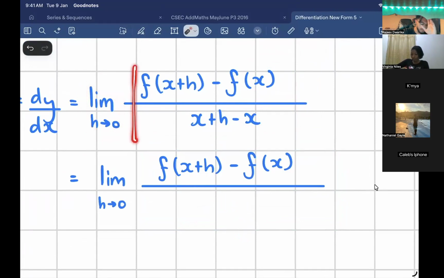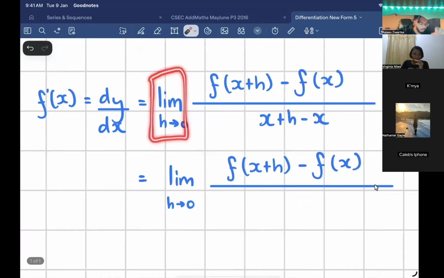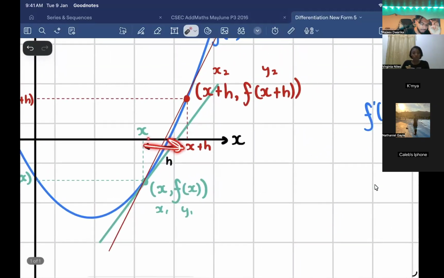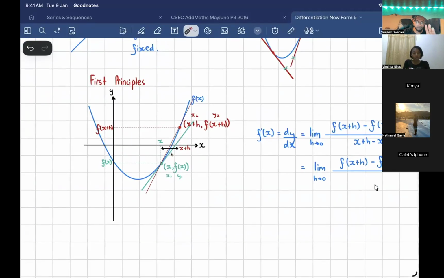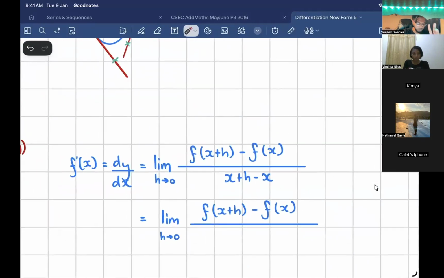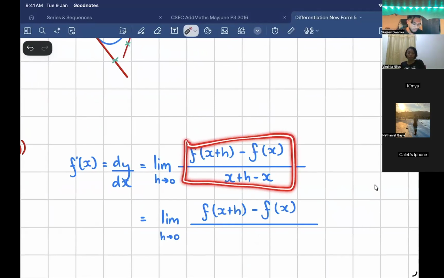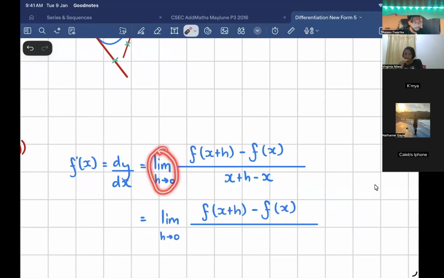By itself it's just an approximation, but when we say the limit as h approaches zero, we are closing in the distance, and if the distance is zero, we get the actual gradient. You'll see how it works just now. But do you understand that this part by itself is the approximation, and when you take the limit, it will actually give you the actual gradient? Yes, sir.